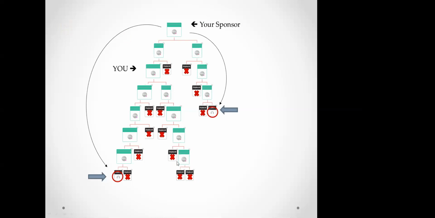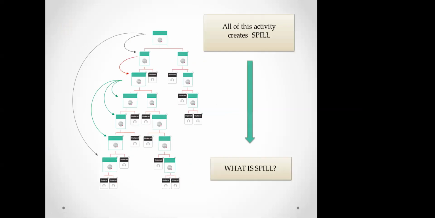They can't place anybody down here on your right leg. That's going to go here. Their people are going to go here, or this position right here might have somebody to place, and they would place them down here. Same with these 3 positions. If they have anybody to place, it's going to be here. Hopefully this is starting to make a little bit more sense when you look at this genealogy.